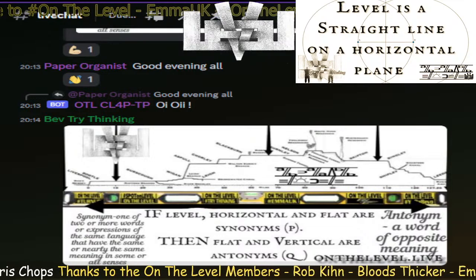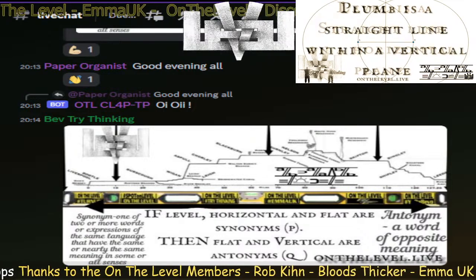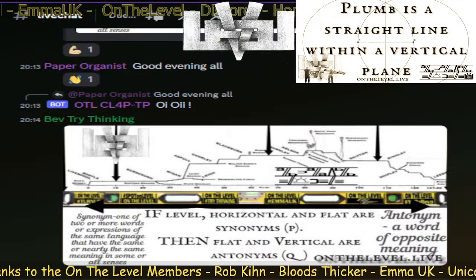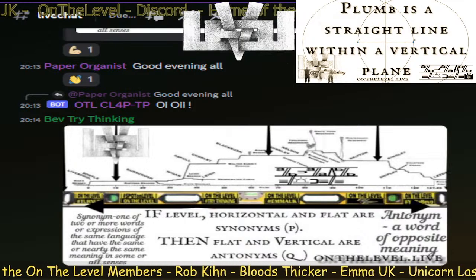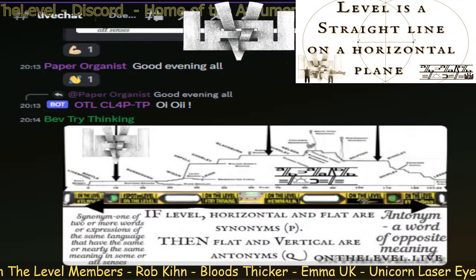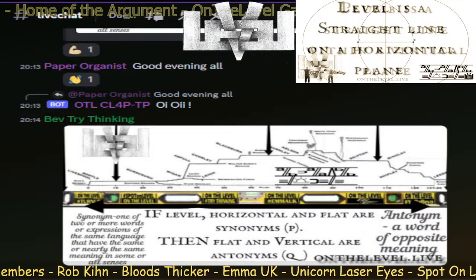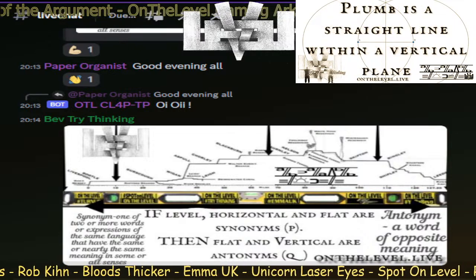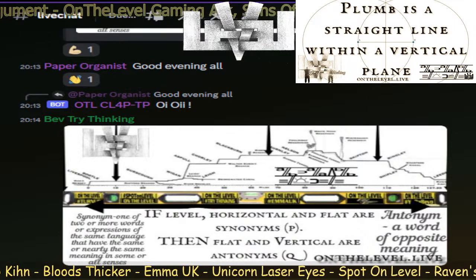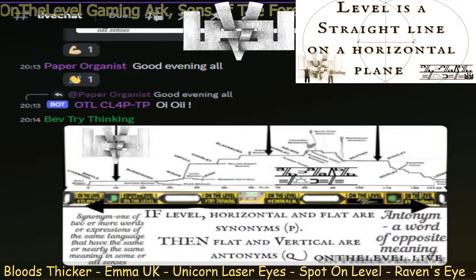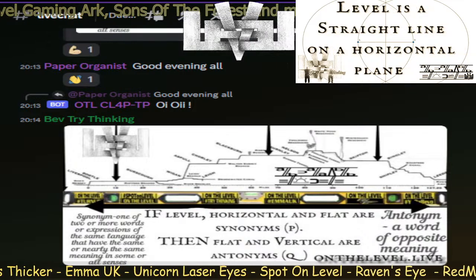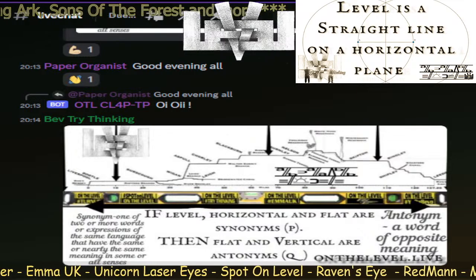And so, synonym. A synonym is one of two or more words or expressions of the same language that have the same or nearly the same meaning in some or all senses. Now, if anybody else has got a different definition of what a synonym is, it goes to the grammar.